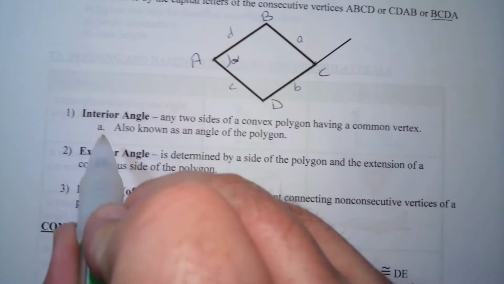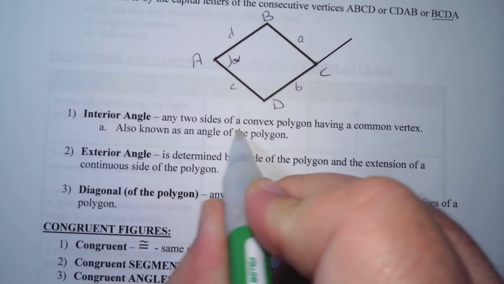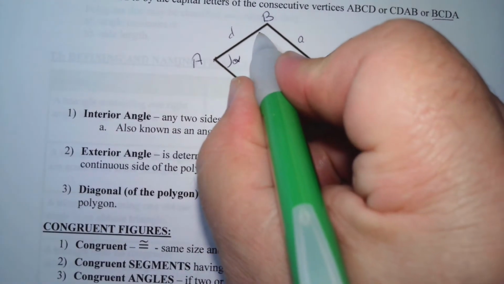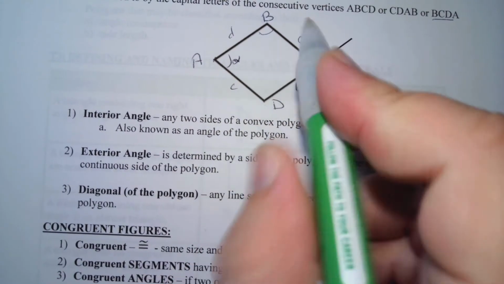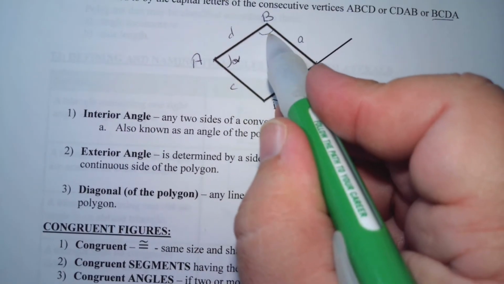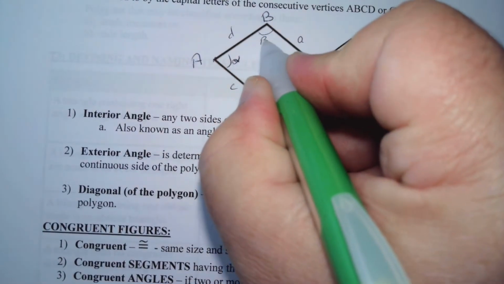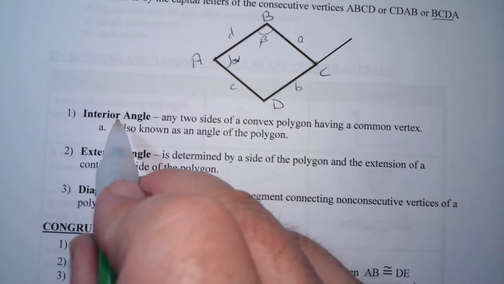Now, an interior angle. Interior angles are formed by any two sides of a convex polygon having a common vertex. It's interior. So that's the angle of the polygon, beta is that one. That's an interior angle.